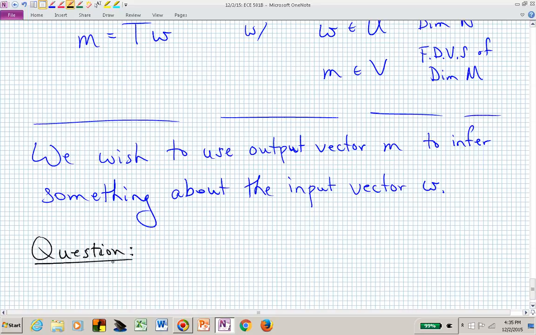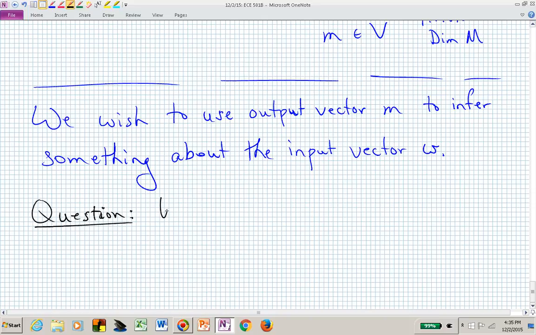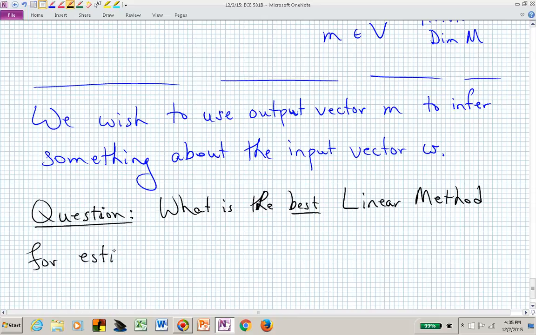Or we're really looking for answers to the following question. What is the best linear method for estimating W from M?